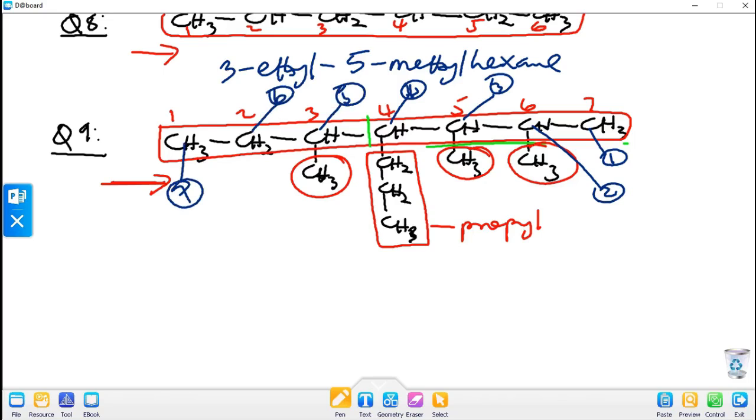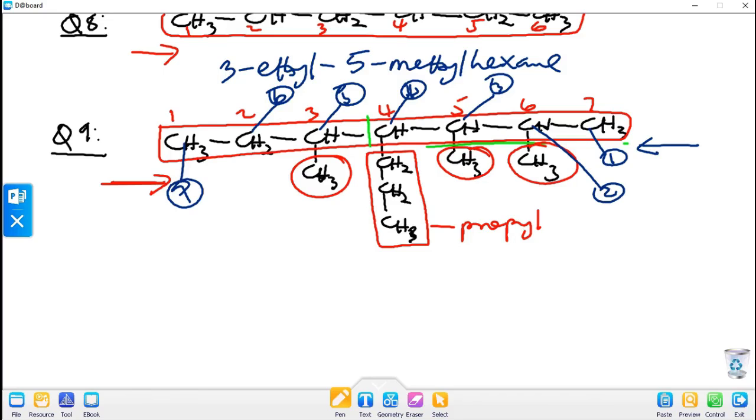If we number from the right-hand side with blue ink, we are going to have 2 methyl. The first methyl will be at carbon 2, the second methyl at carbon 3, and the third methyl at carbon 5. Our propyl remains at the same position, whether from the right or from the left.